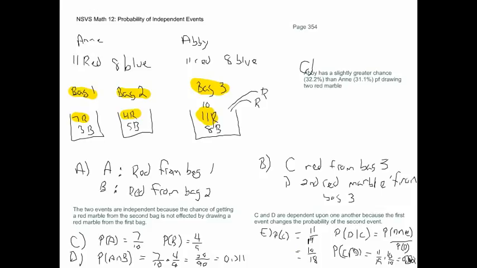So Abby has a slightly greater chance, not a lot greater, just 1% probability greater, but she does have a slightly greater chance of getting the 2.